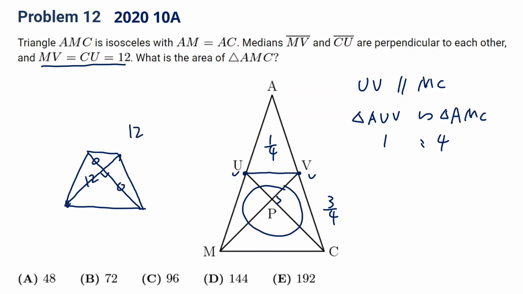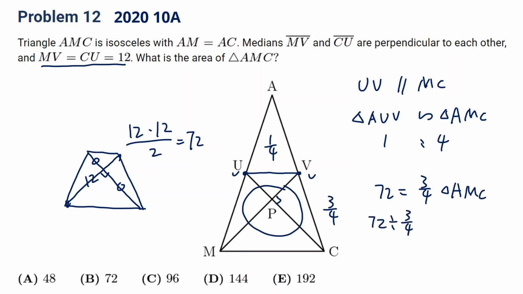So it's 12 times 12 divided by 2, which is 72. And 72 is equal to 3/4 of triangle AMC. So AMC is 72 divided by 3/4, which is 96.